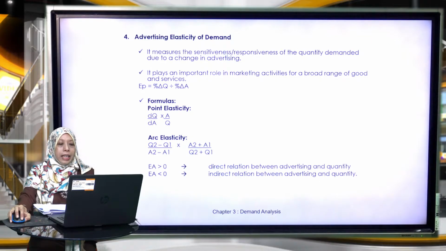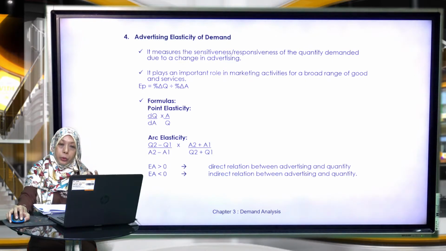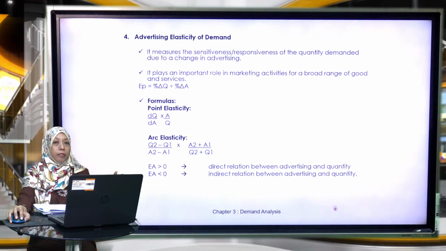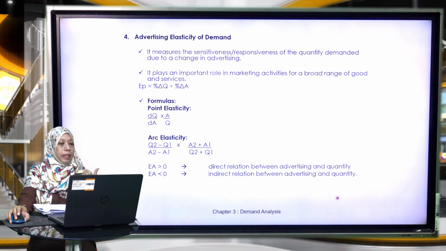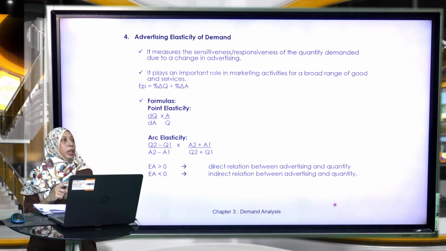As I mentioned just now, we're going to try some exercises which can help you to understand all the 4 different types of elasticity that we have looked at. Remember, there are 4 types: price elasticity of demand, income elasticity of demand, cross elasticity of demand, and advertising elasticity of demand.